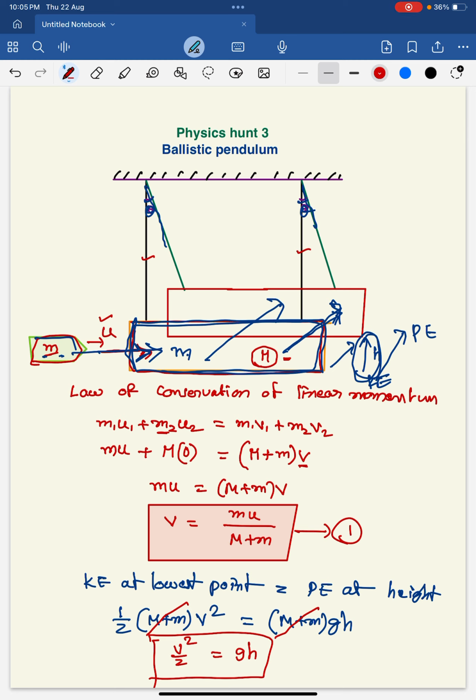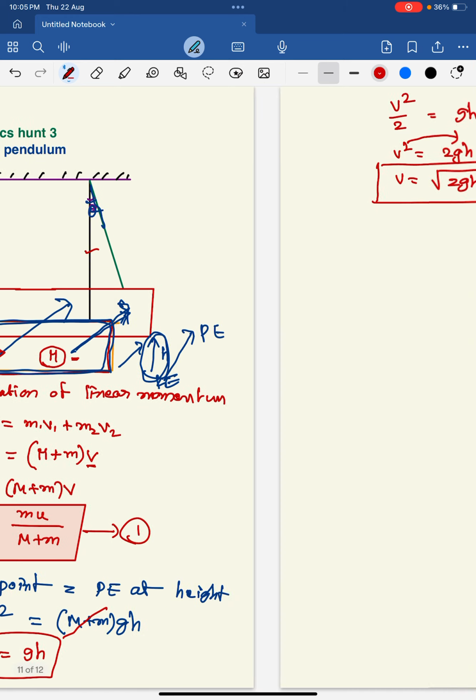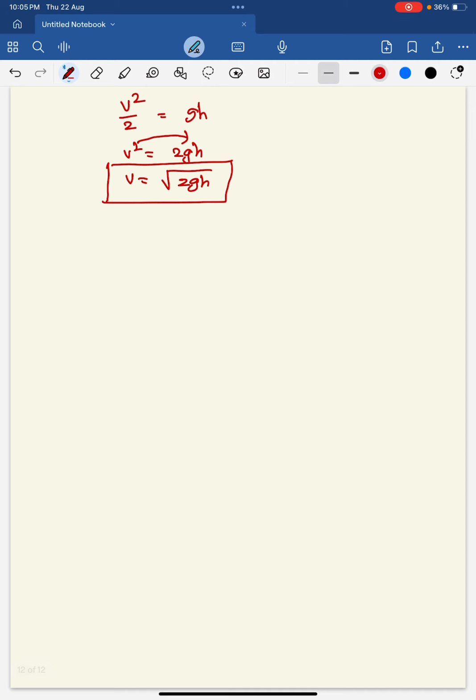Before hitting, the bullet has kinetic energy, that is half mu square. Whenever a bullet enters into the block, it loses some kinetic energy, correct or not? Next we are going to calculate the loss in kinetic energy, that is initial kinetic energy minus final kinetic energy.